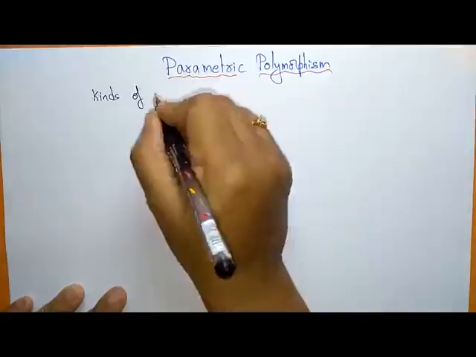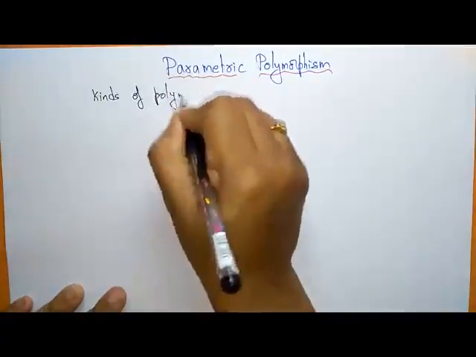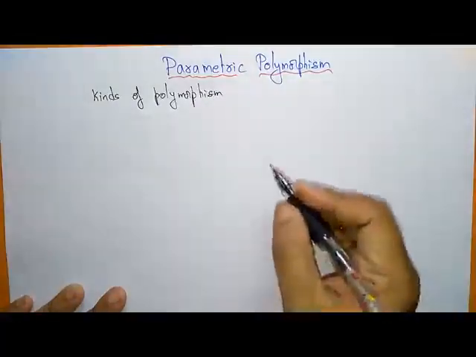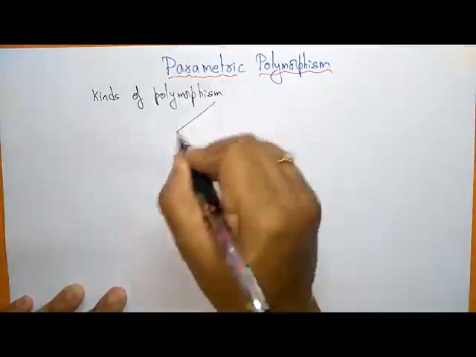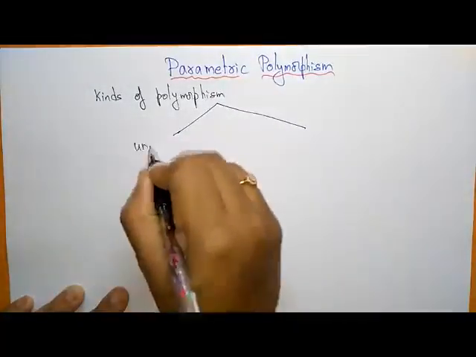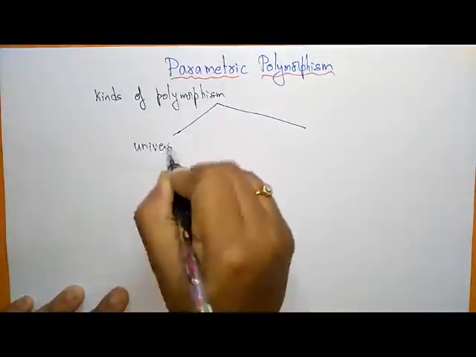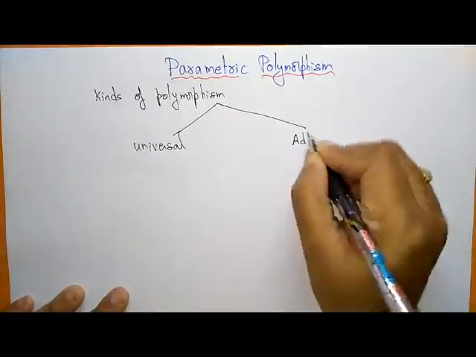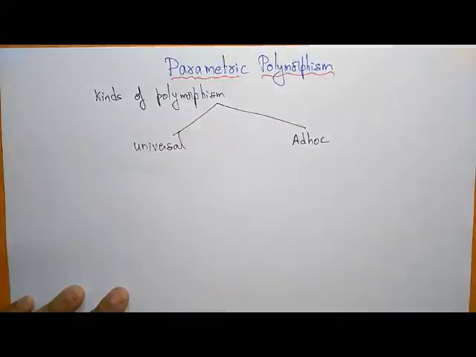The different kinds of polymorphism are, one is universal polymorphism, and another is ad hoc polymorphism.